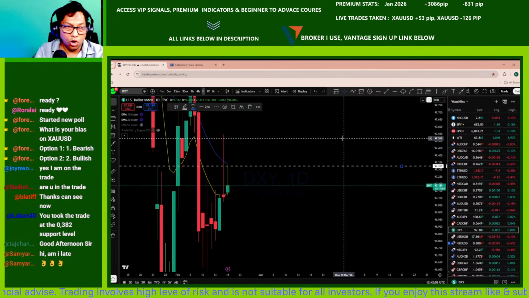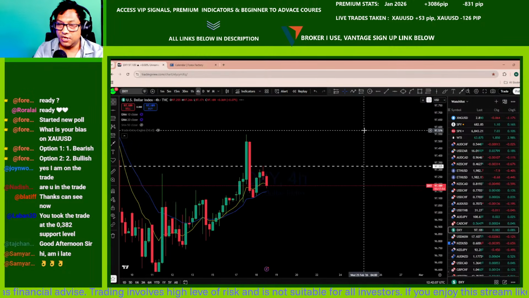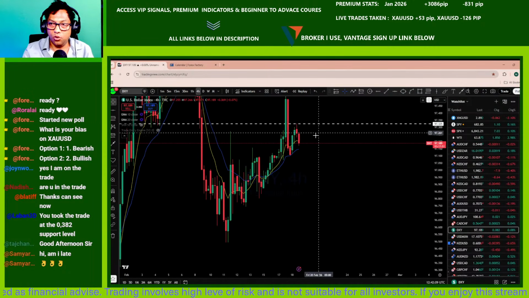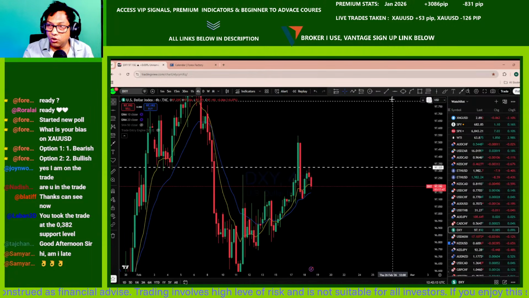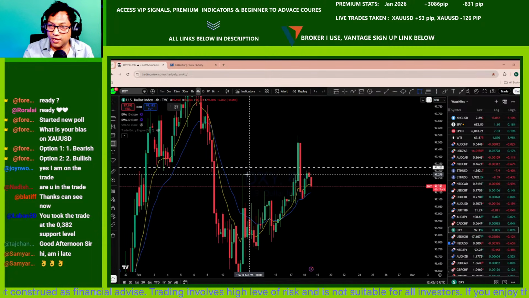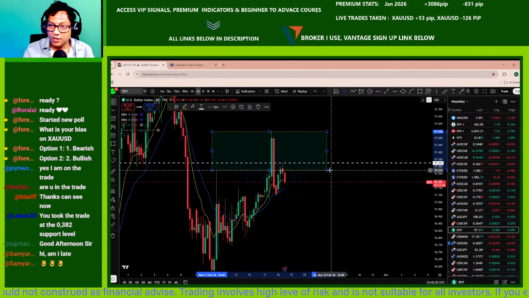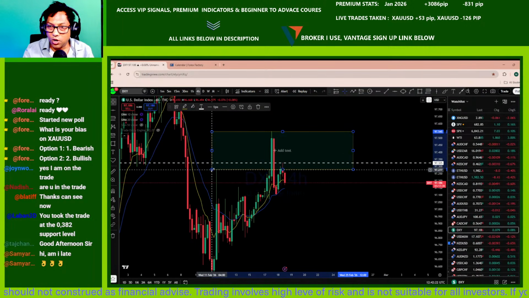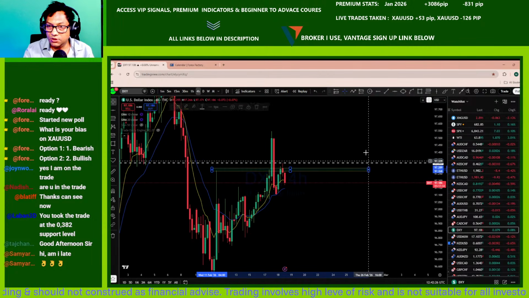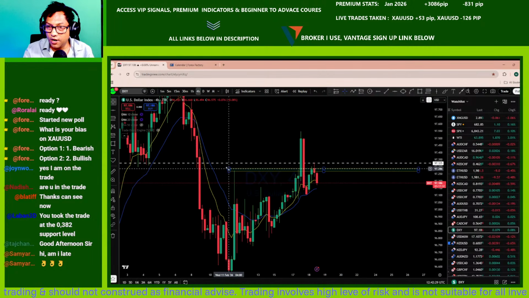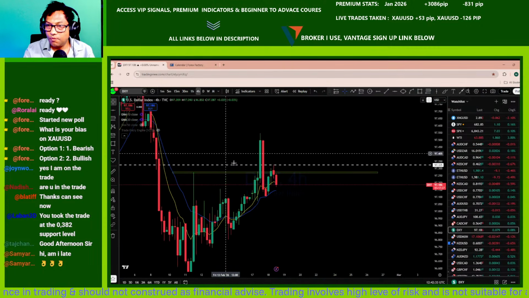So from the bigger picture, basically DXY is now showing significant rejection. If you look at this move that we have seen on DXY, that I also discussed in the weekly Forex forecast, probably you have seen that. This is the DXY's previous area of value, right? Which is the previous resistance line that DXY has crossed.